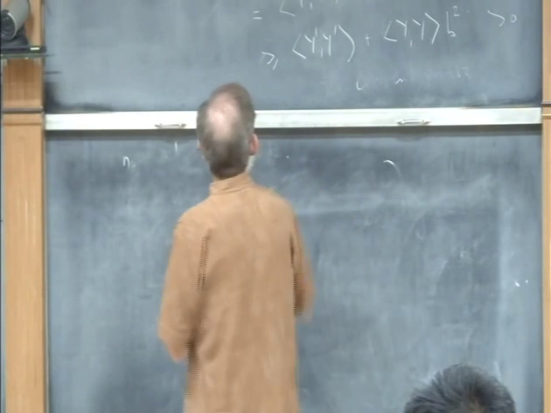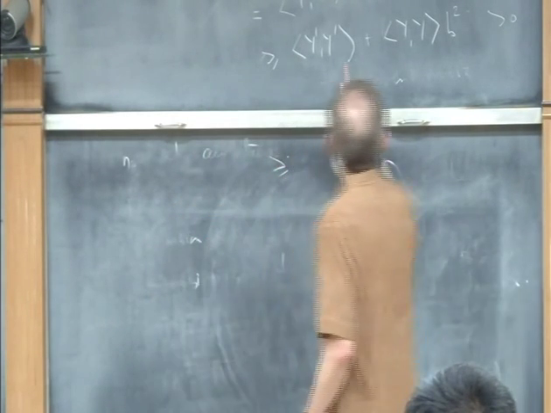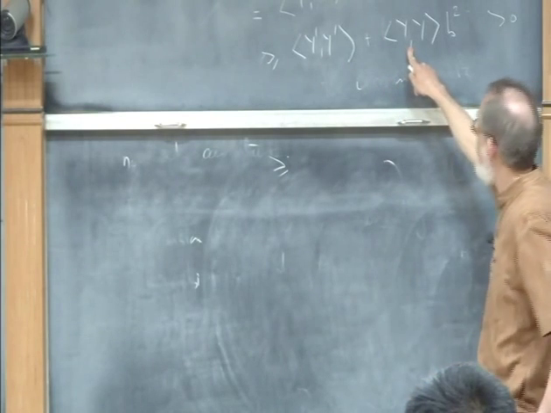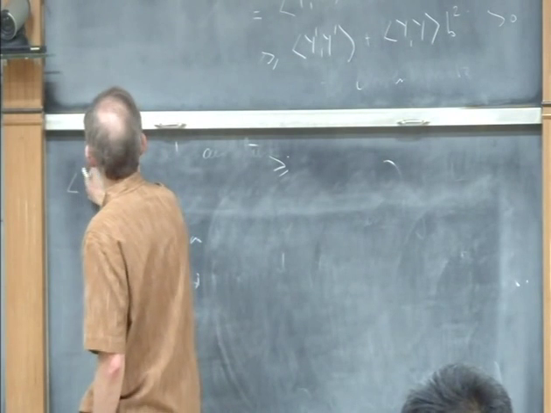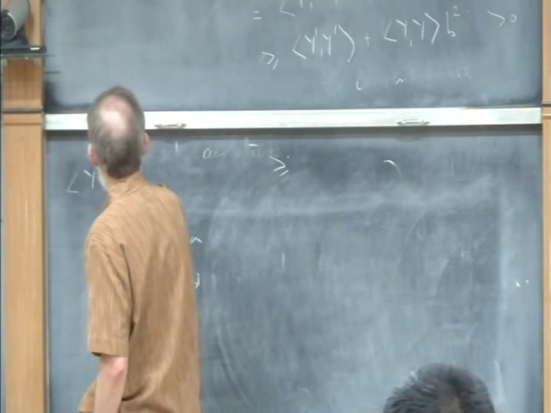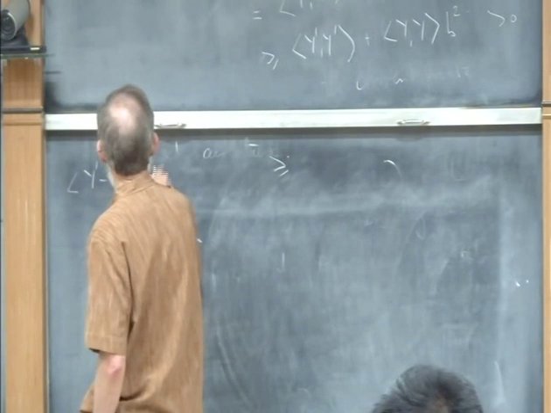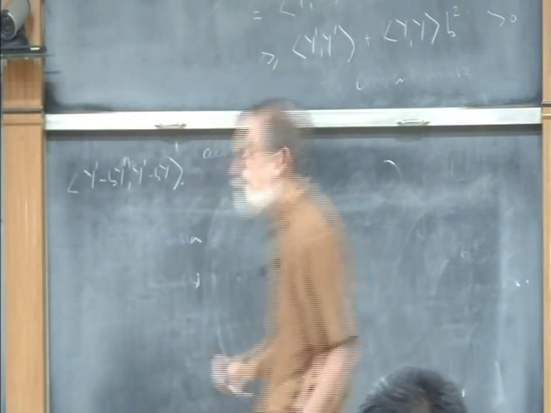We can also say that this is like two terms of the inner product of y prime minus b y with itself.